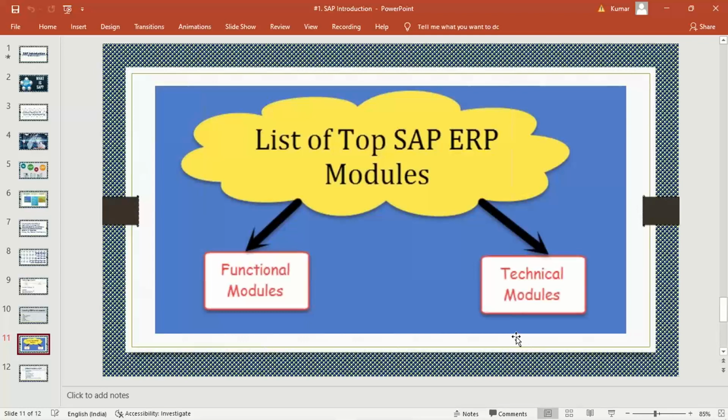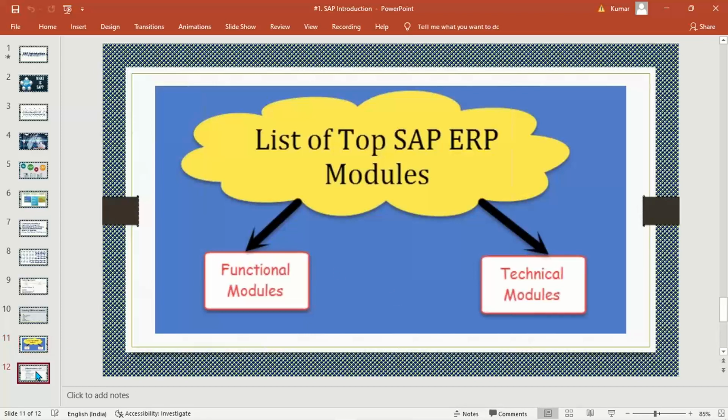Right now, if I say functional module means configurations, technical module means development, some of you will be confused about what configurations and development are. Multiple sessions are yet to come; it's just starting, and that too introductions only. You will come to know one by one.